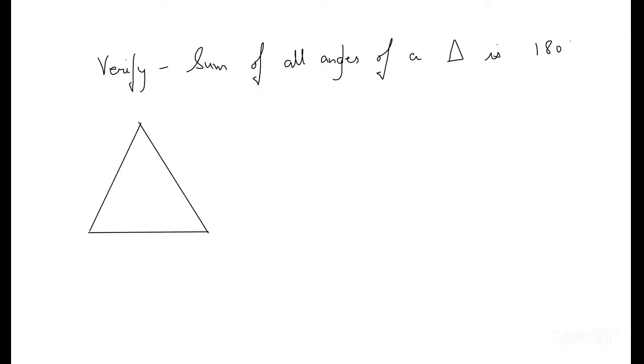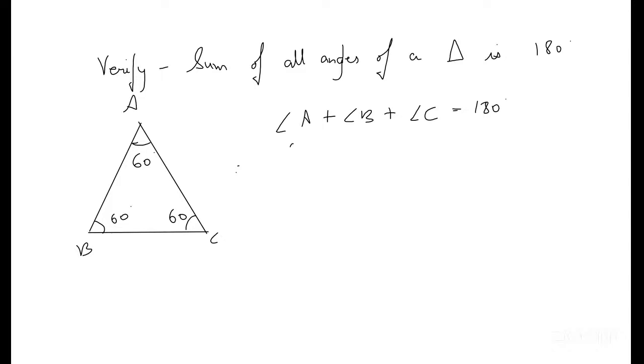You made a triangle like this, and you did 60 degrees, 60 degrees, and 60 degrees. Suppose this is ABC. So angle A plus B plus C equals 180 degrees. So 60 degrees plus 60 degrees plus 60 degrees equals 180.